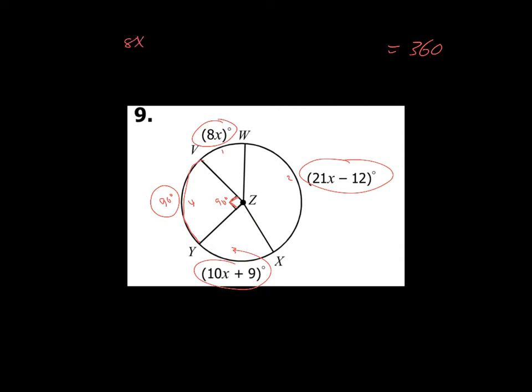So 8x plus 21x minus 12 plus 10x plus 9 plus 90 equals 360. This is my first arc, my second arc, my third arc, my fourth arc. This one was 21x minus 12, and this one was 10x plus 9. So all I need to do is combine like terms and solve for x.